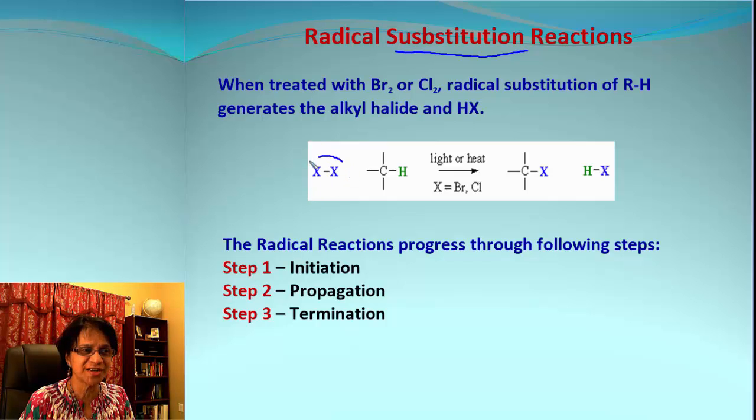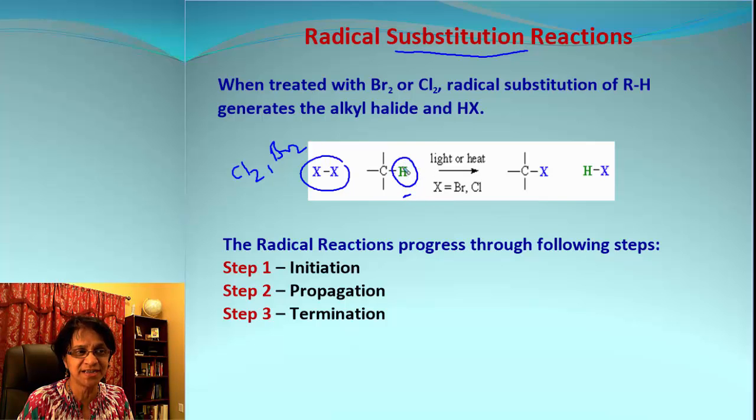In this reaction, X is representing any halogen like chlorine or bromine, and the alkane has this hydrogen. So this hydrogen is being replaced by the halogen X and we get haloalkane.